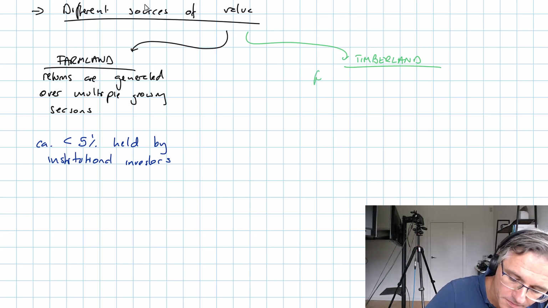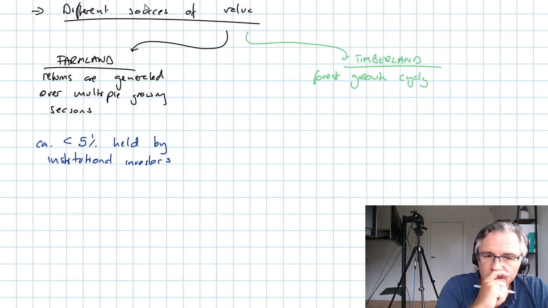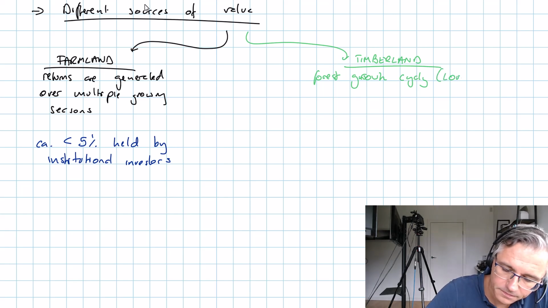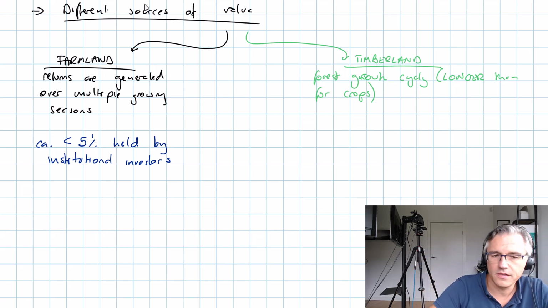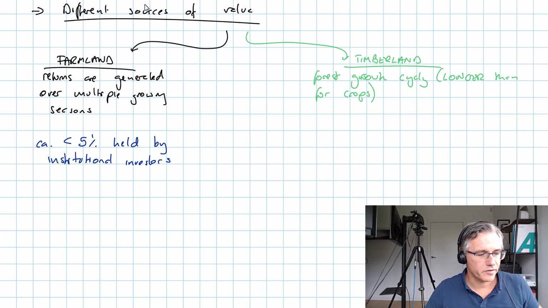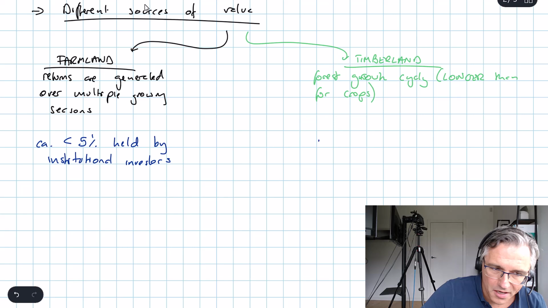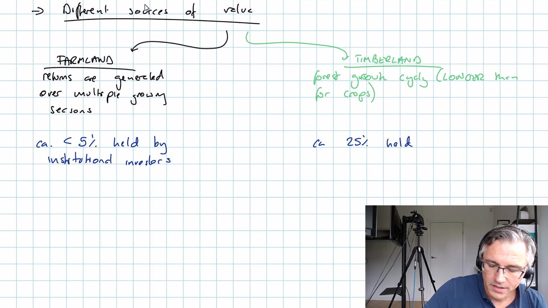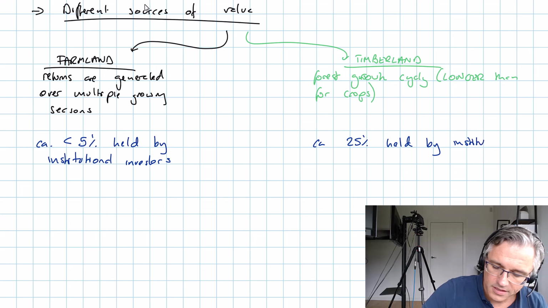So instead of having multiple growing seasons and cycles within the investment horizon, you may have just one, for example. And around 25% of all timberland, at least that's what your curriculum states, is held by institutional investors, so that's a much bigger involvement.